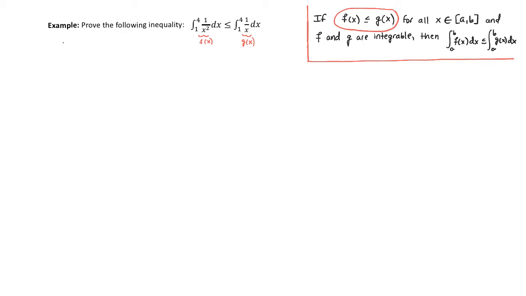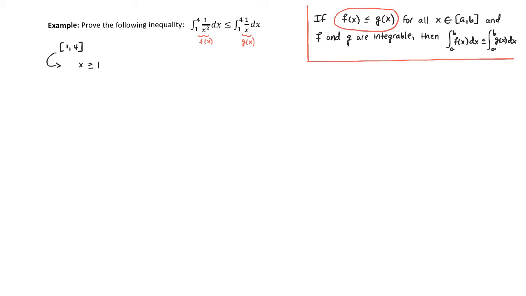We are dealing here with the interval 1 to 4. I know that in this interval, x is greater or equal to 1, right? Nobody can question that. In the interval from 1 to 4, an x value is going to be greater or equal to 1.